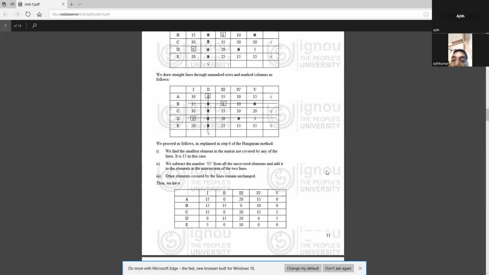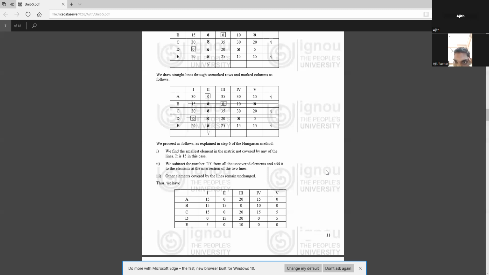And 15 and 15 are on a marked line, so we do not change the value. That 0 is at the intersection of the lines, so we add the value 15, and 0, 10, 0, and 30 minus 15, 15, 0 is on a struck out line, so we do not change it.